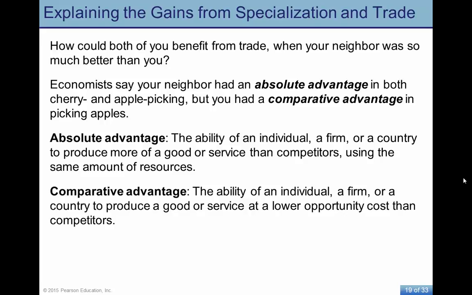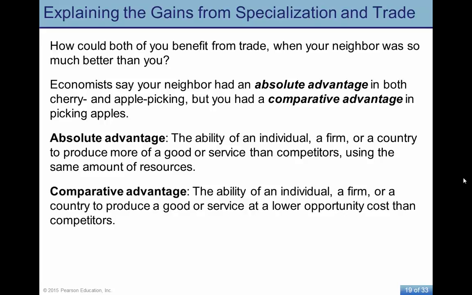Explaining gains from specialization in trade. How could both of you benefit from trade when your neighbor was so much better than you? Economists say your neighbor had an absolute advantage in both cherry and apple picking, but you had a comparative advantage in picking apples.